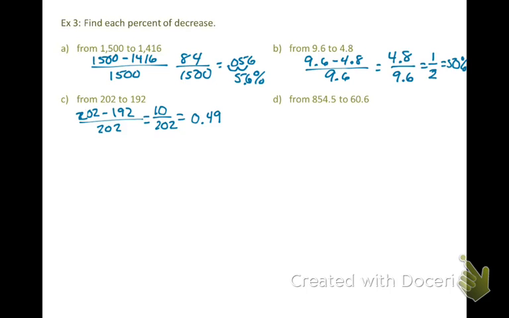No, we have to move it over twice anyways. 10 divided by 202, so 0.0, I forgot another 0 in there. 0.05. So it rounds to about 0.05, so 5%.